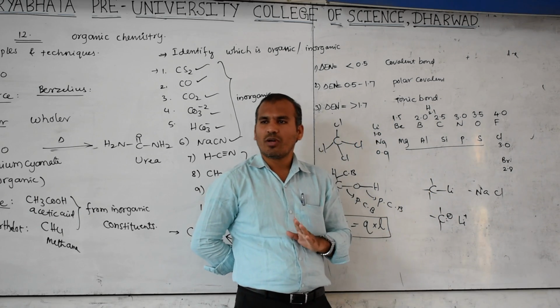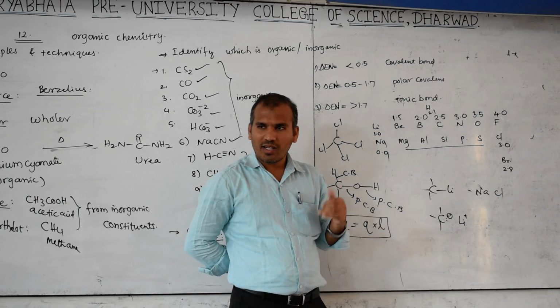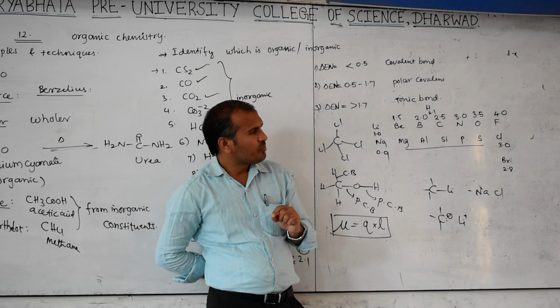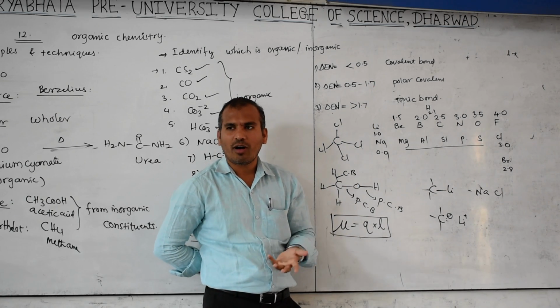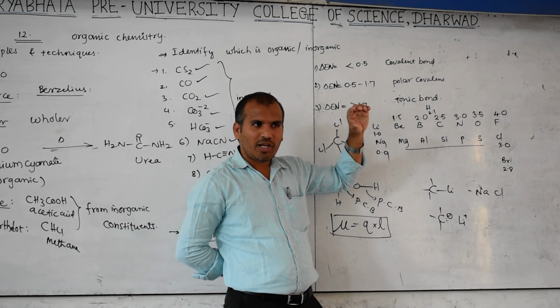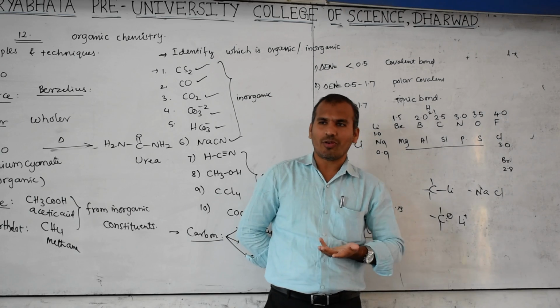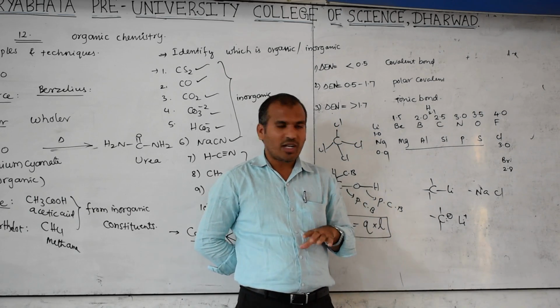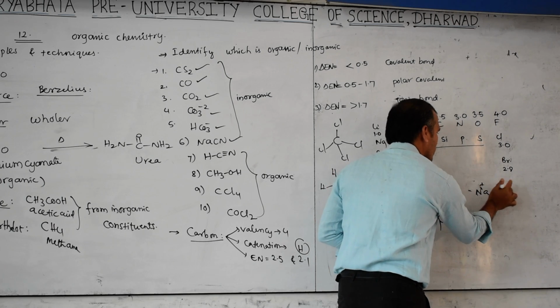So this can be written like this also, because there is no 100% covalent bond and no 100% ionic bond. But you may have learned in first year that among S block elements, as size increases from top to bottom, they form ionic compounds, while the top elements form covalent bonds. So sodium cannot form a covalent bond. Here sodium is positive and Cl is negative.